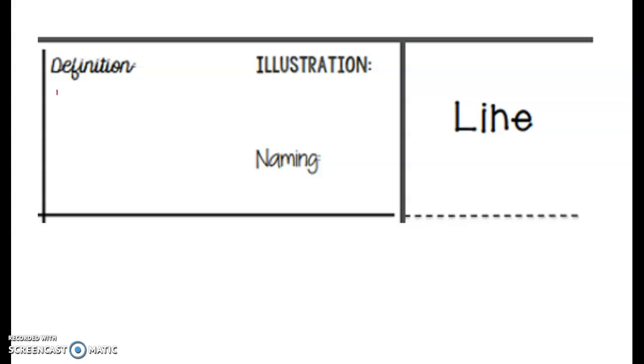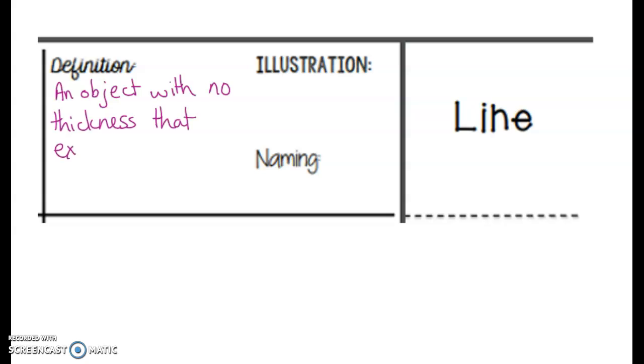So the definition of a line, it is an object with no thickness, and it extends forever in 2 directions. And it does take up space 2-dimensionally, so it's a 2D shape.